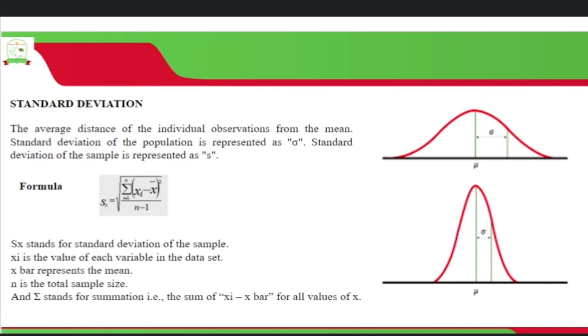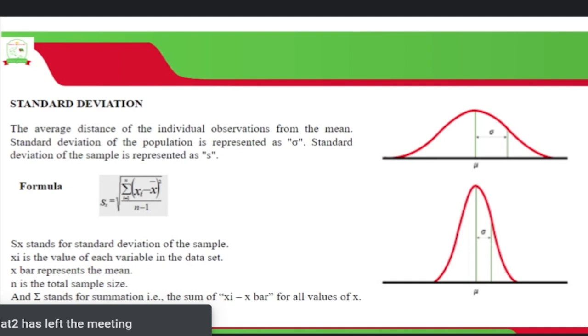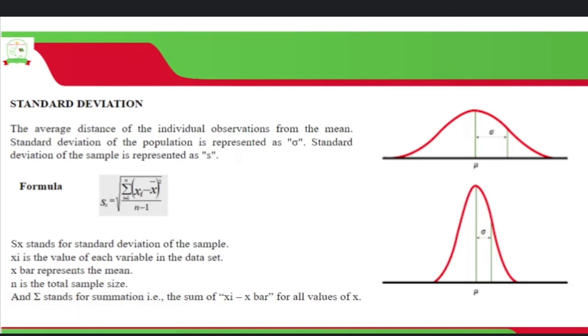N is the total sample size, and this stands for summation, which is the sum of xi minus x bar for all the values of x. So we can see clearly in this figure that the standard deviation is represented by the distance between each of the data points and the mean.